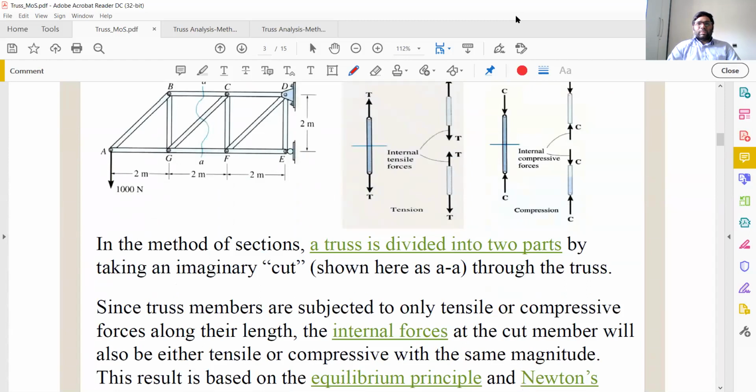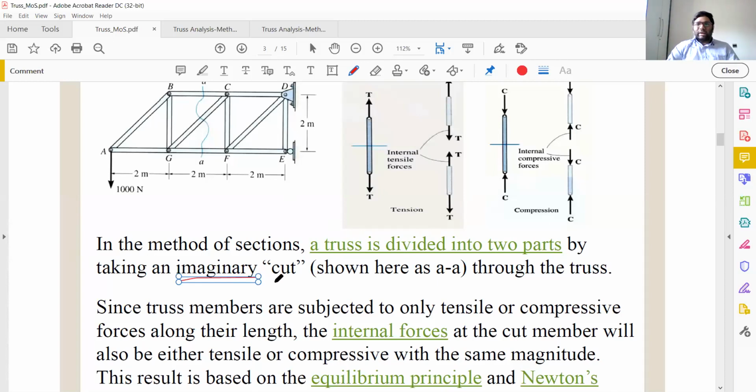So in that regard, yes, these types of applications, like a footpath bridge or foot-over bridge, can be seen in metro stations, rightly said by Ratna. In the method of sections, you can see here a truss is divided into two parts by taking an imaginary cut.